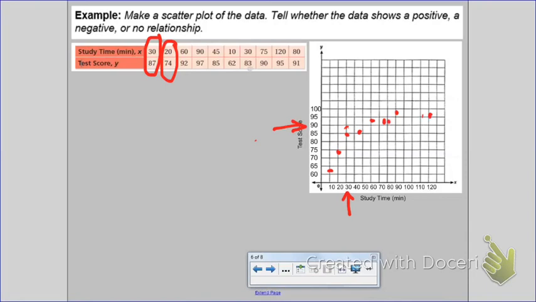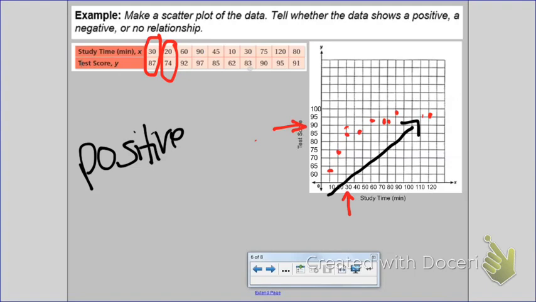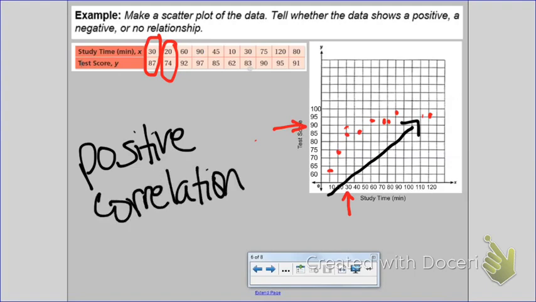Mine are not exact since I'm writing on the screen, but it looks like these points, if we read it from left to right, are kind of increasing upwards. If they're increasing upwards, that means we have a positive correlation. As x increases, y is also increasing.